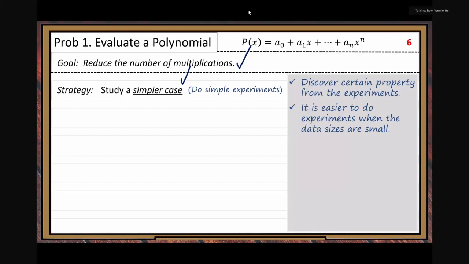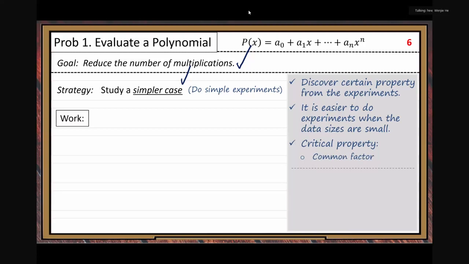But if the number is too small, you may not get useful information. So we want to start with a simpler case, but the simpler case should also be meaningful.